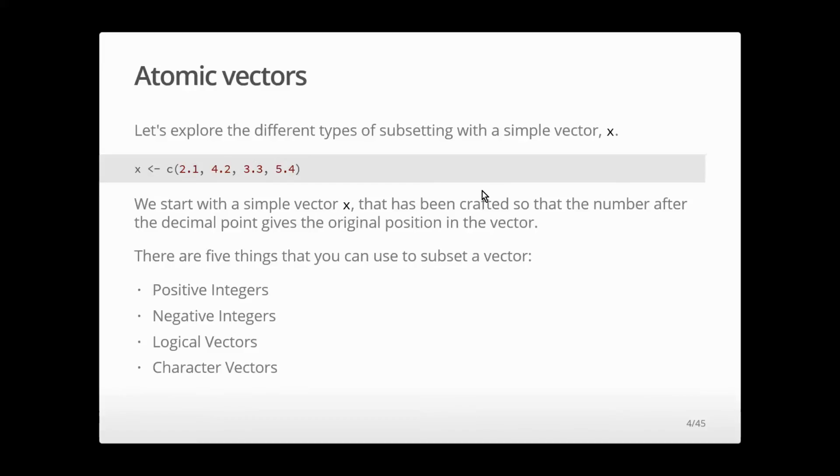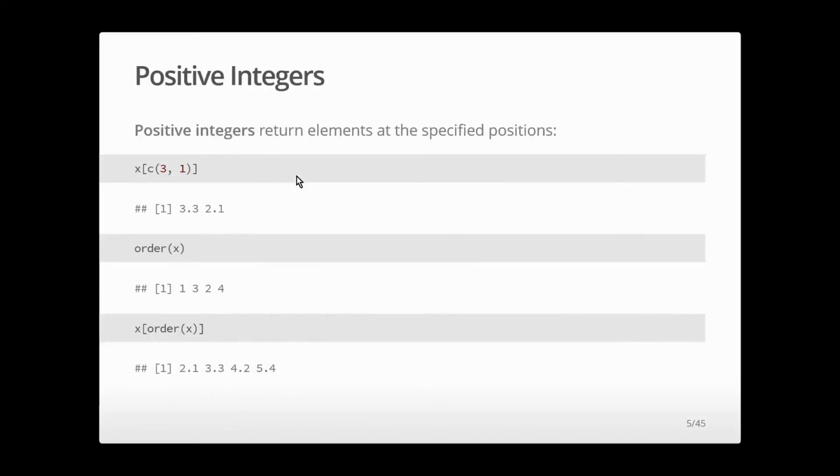When I subset and rearrange things, it's like, where was that originally? This will help you keep track of that. If you put a number inside the bracket, that will give you the number in that position. So if I say 3, 1 inside, I'm providing a numeric vector with elements 3 and 1. It's going to pull out the third element and the first element.